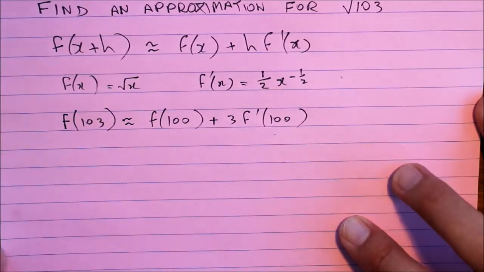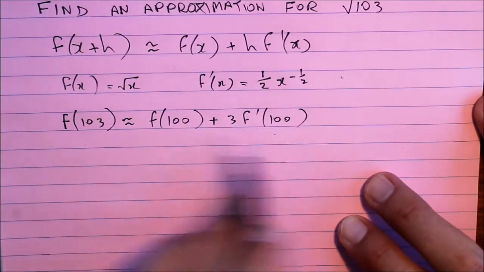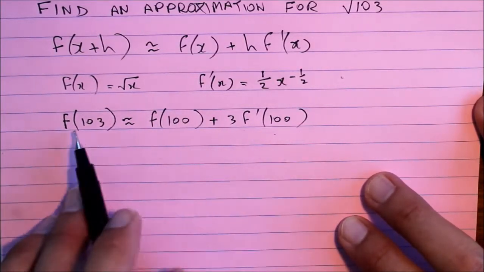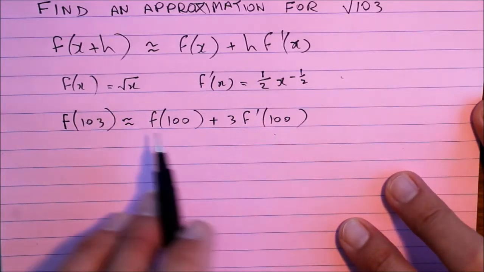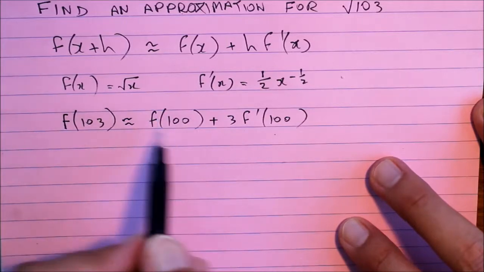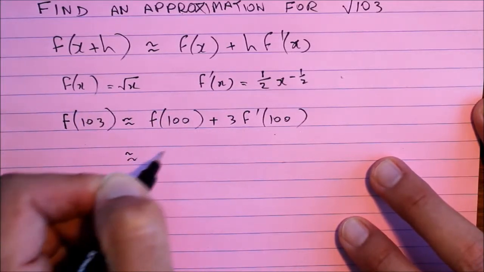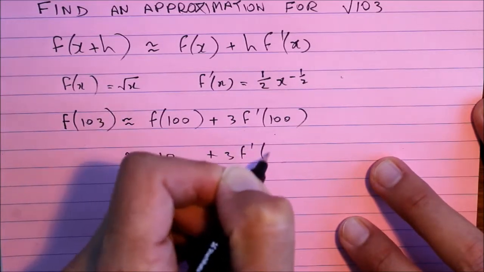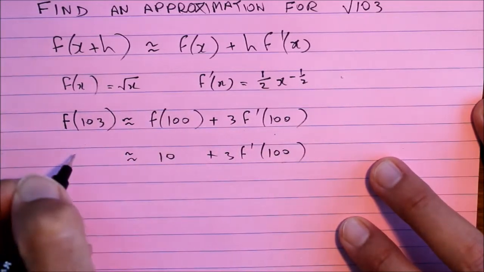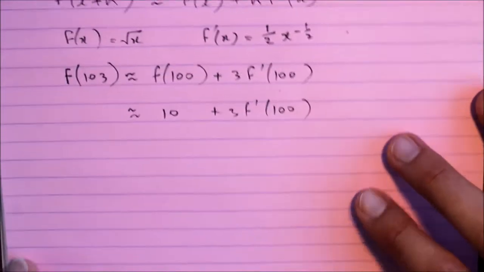Now, if you could get to just that point alone, I think you'd get a mark in the question because you clearly understand how to use the formula. I mean, you filled it out correctly. We can just go a step further and write this as 10 plus 3 times the derivative of 100. Alright, so that's what that is.